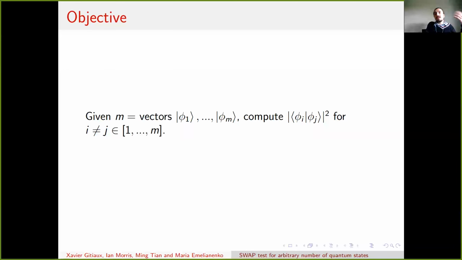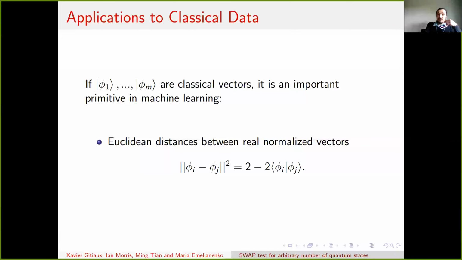And why do we care? We care for many reasons. I came to this question from my perspective, which is originally machine learning, because if phi 1 to phi m are classical vectors, then this is really a primitive. It's one of the biggest primitives in machine learning.